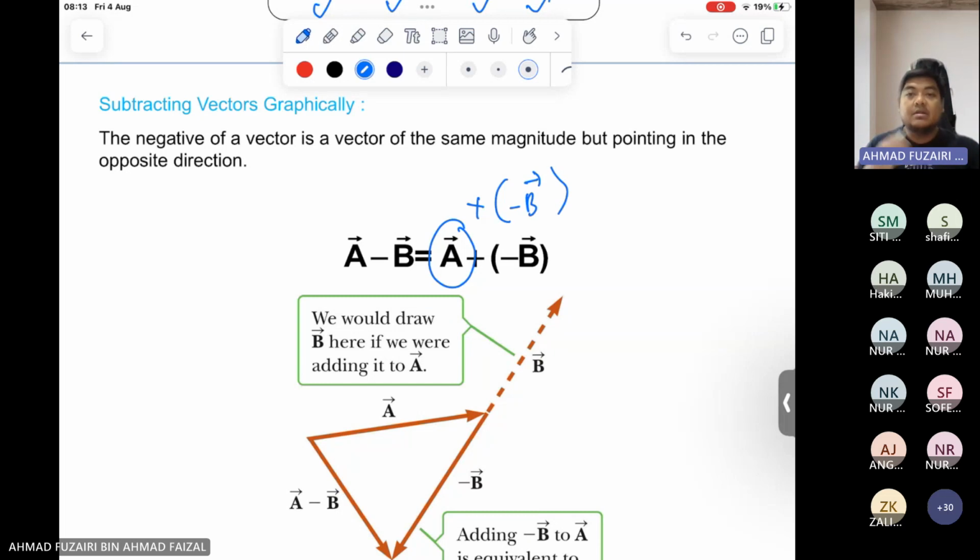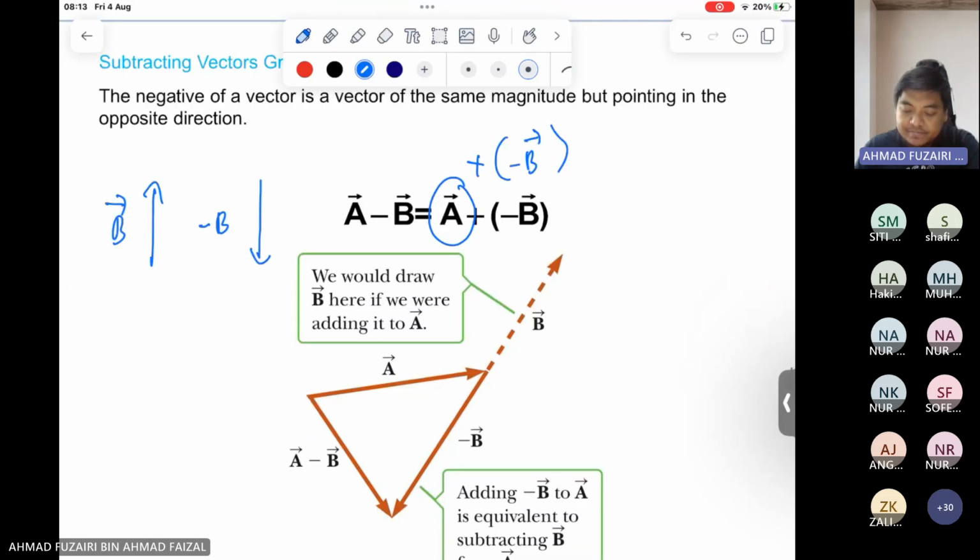The direction of negative B is the opposite direction of vector B. If vector B is going upwards, then vector negative B will be the same length as vector B, but on the opposite side. That is how we differentiate between vector B and vector negative B. That means subtracting is actually a plus, but the negative comes from the negative direction of vector B.